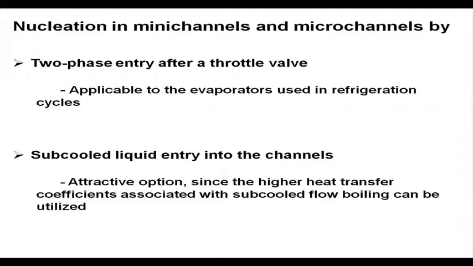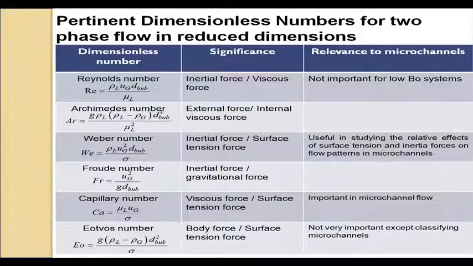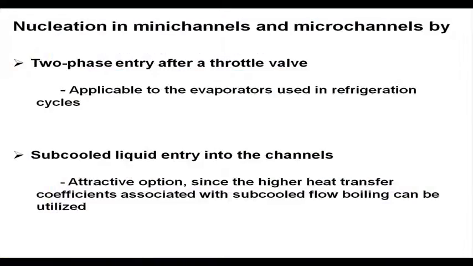One is two-phase entry after a throttle valve. Very frequently this is particularly applicable to evaporators in refrigeration cycles. Now, the throttle valve prior to the evaporator can be designed to provide subcooled liquid entry, but more commonly it provides a two-phase entry with a quality varying between 0 and 0.1.